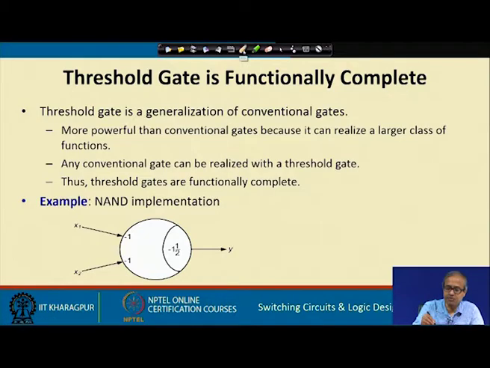The next thing that we want to talk about is, well, we talked about functional completeness earlier. We said that when you build circuits, we should be confident that the basic building blocks that are given to us can be used to design and implement any circuit we want.